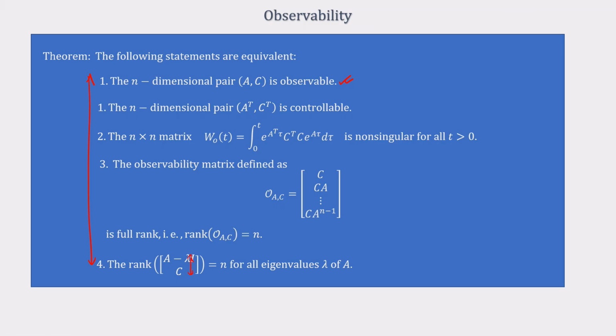Here they are being stacked on top of each other. So, you can see that, exactly similar to controllability, we have these equivalent statements. Remember, this is called the observability Gramian.